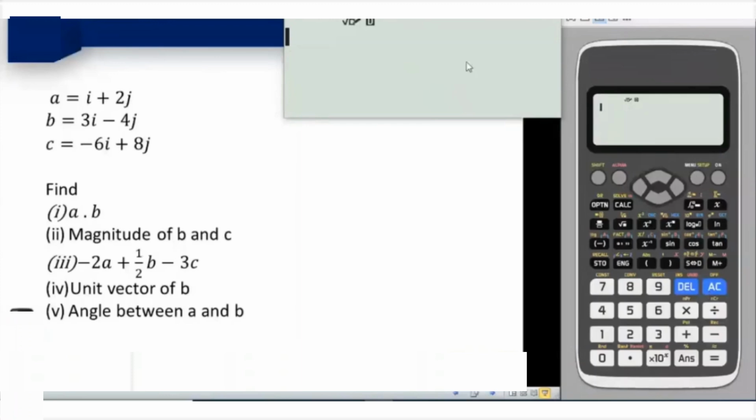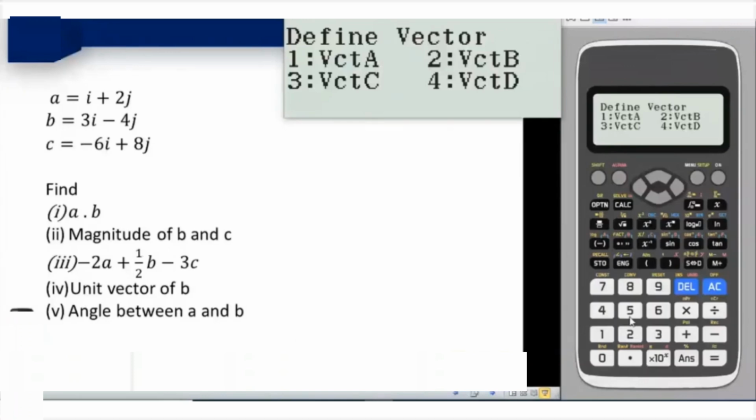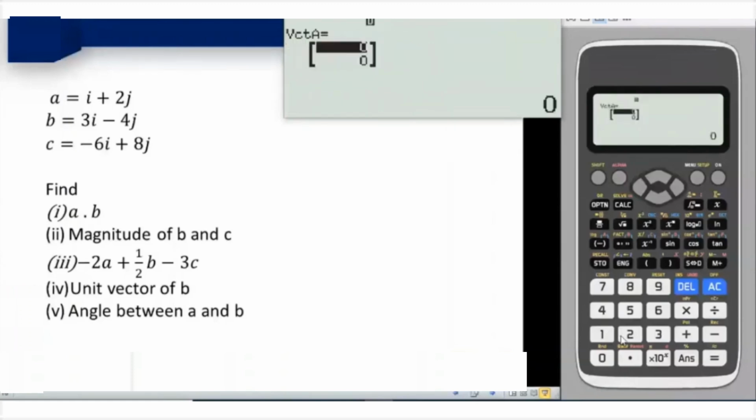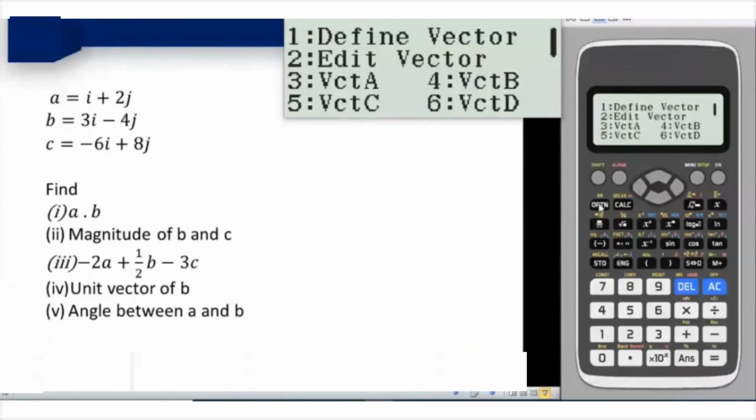So menu 5, 1, I will define vector A, which is a 2-dimensional vector. 1 plus 2j means 1 and 2 respectively. I will press option, I will press 4. Vector B is to be defined, so I will press option 1 and 2 so that vector B can be defined.